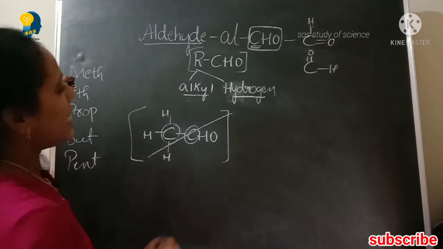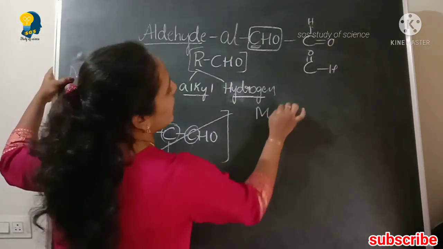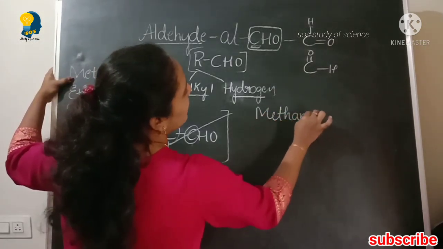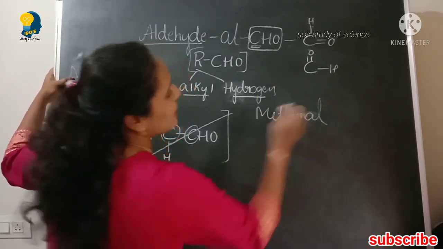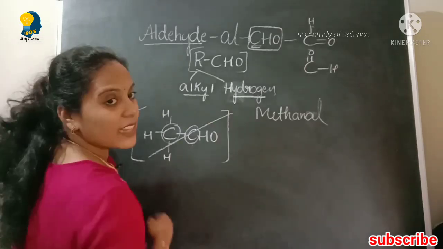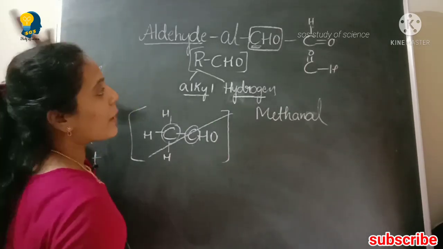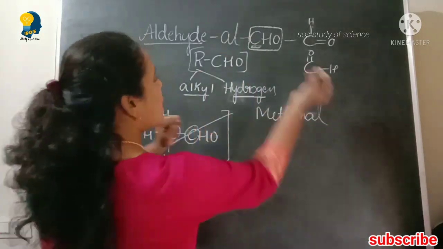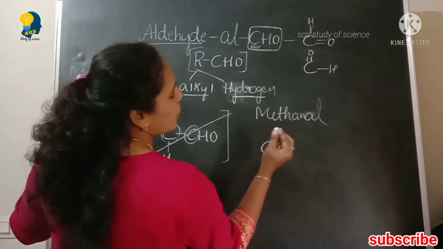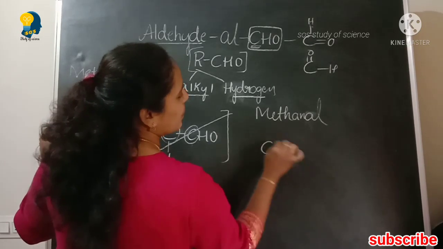So now meth. Methane, I told you just remove E, and add al. Methanal. So meth is nothing but 1 carbon, and that 1 carbon is already present in the functional group itself. So how do we write? We usually write CHO like this.